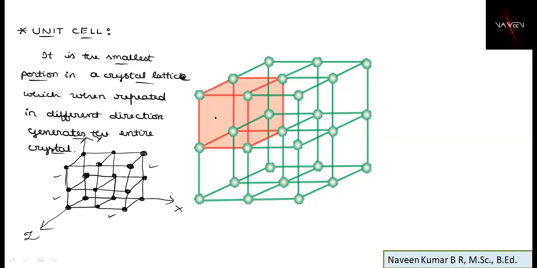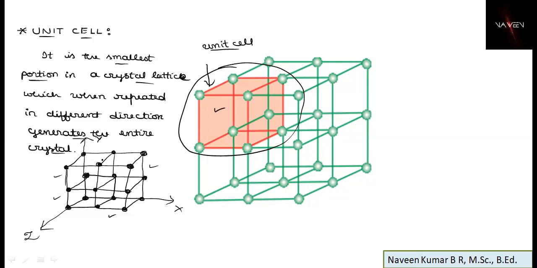So this is what we call the unit cell. Unit cell is the smallest portion, so if you observe this smallest portion, which is in the pink shaded box, if this is repeated in several directions, it is going to generate the entire crystal.